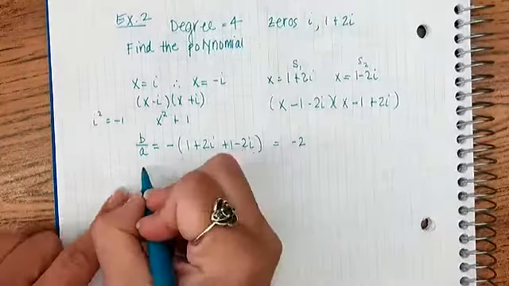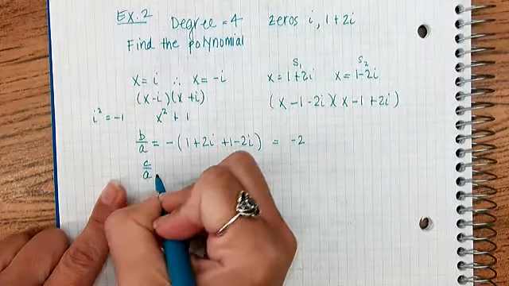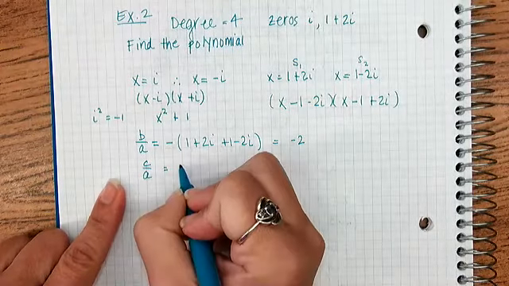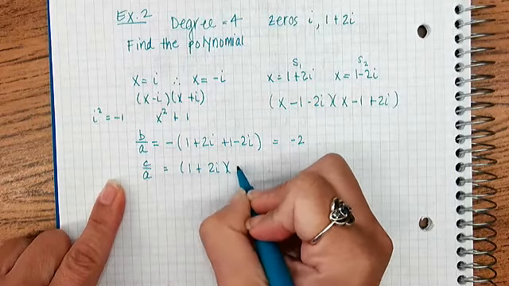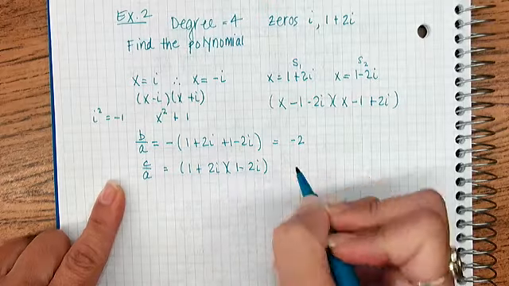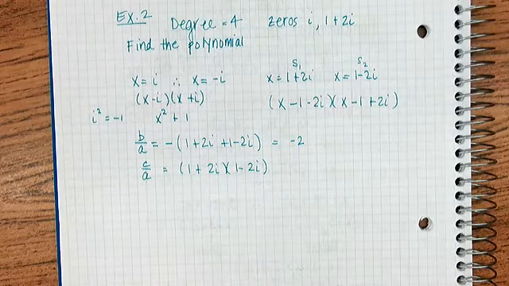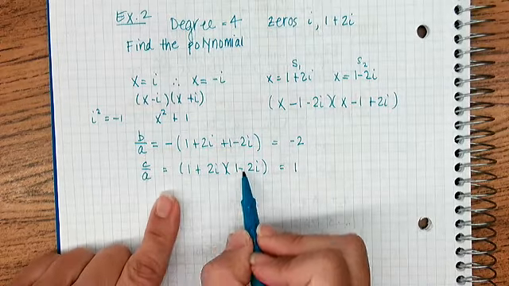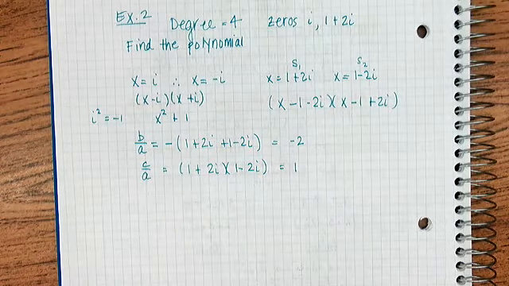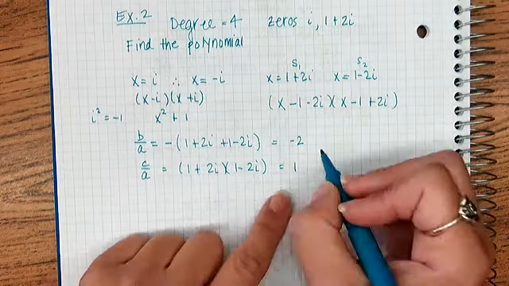And then c over a is going to be their product, 1 plus 2i times 1 minus 2i. 1 times 1, minus 2i plus 2i. Every single time when you distribute, those are going to zero out.